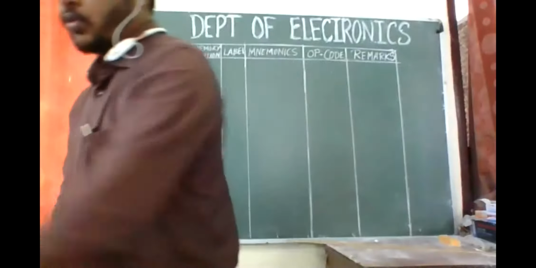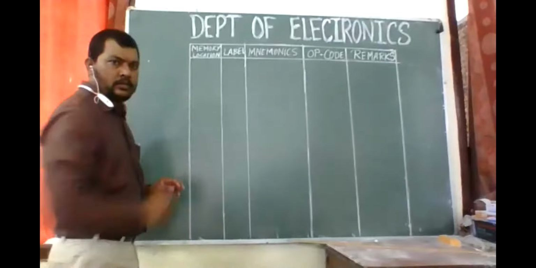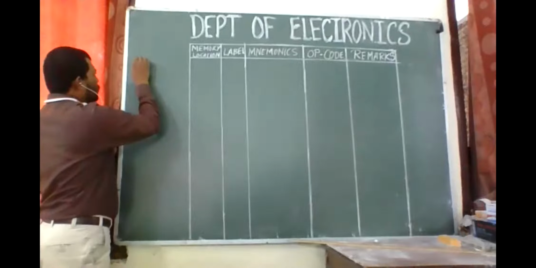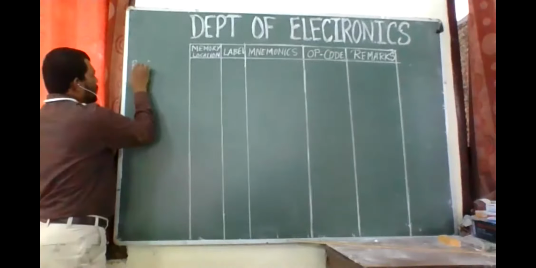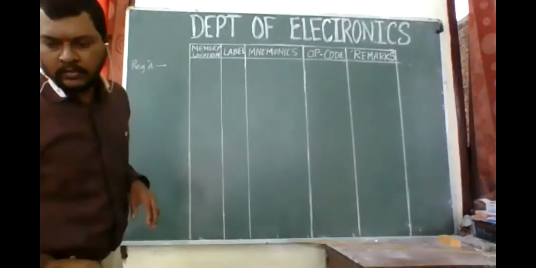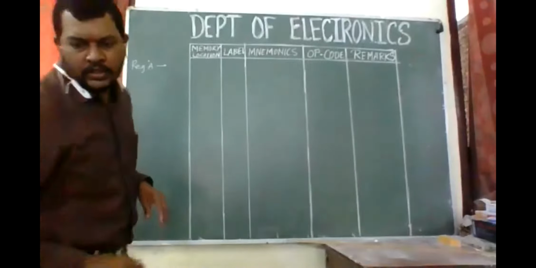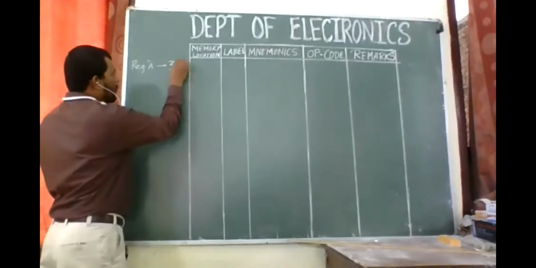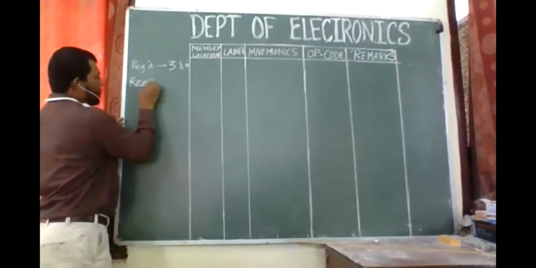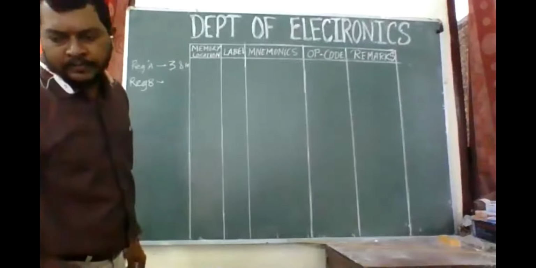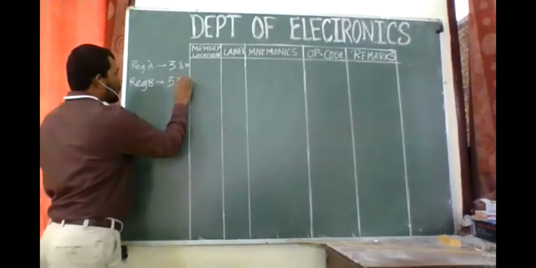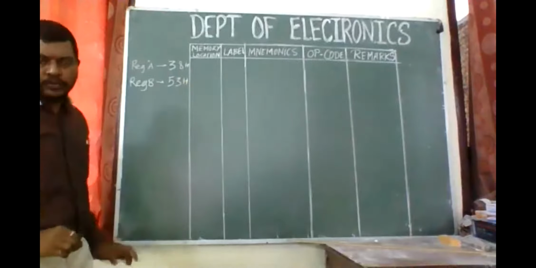We have to store 2 numbers. Just look here. We have to store these numbers: in register A, we have to store 38H, and in register B, we have to store 53H.